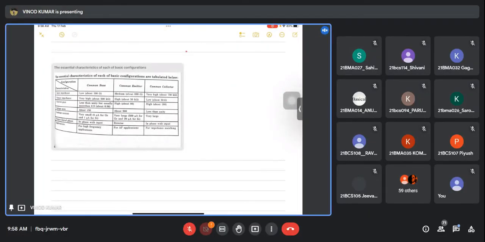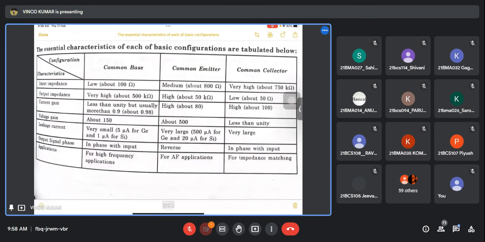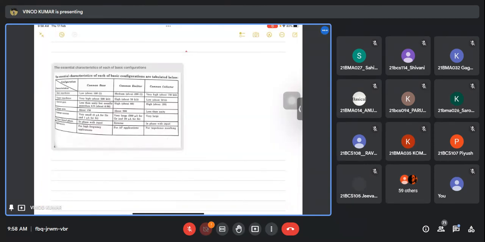This one, right? If you see, this is for these applications. So for high frequency applications, common base is constant current source. We are using it. Common emitter is for amplifier purpose in general, or for audio frequency actually.